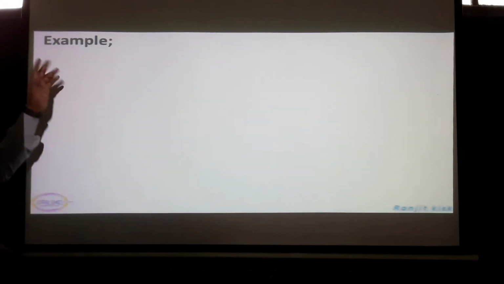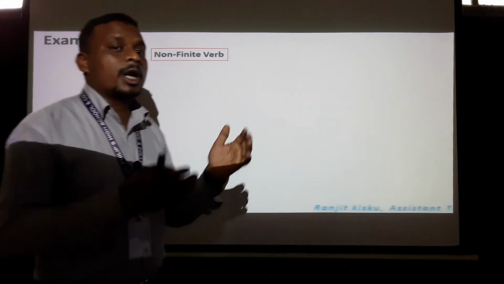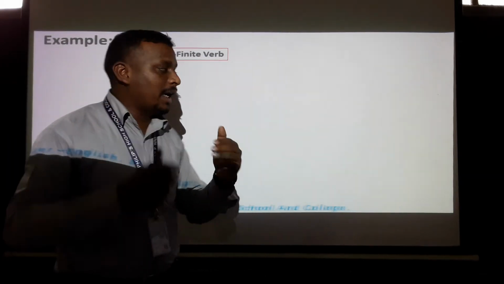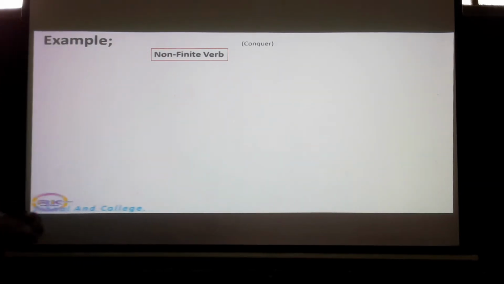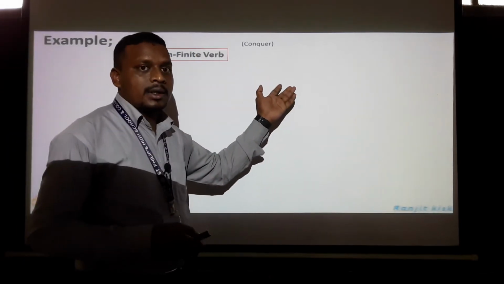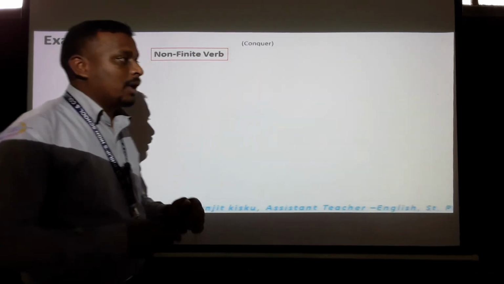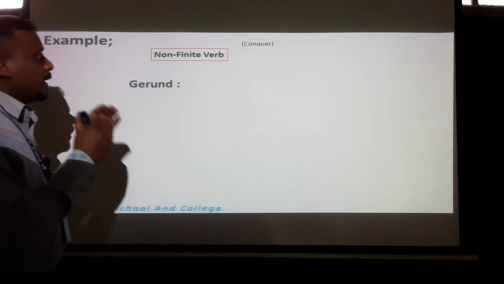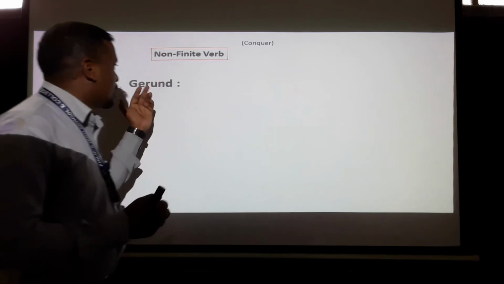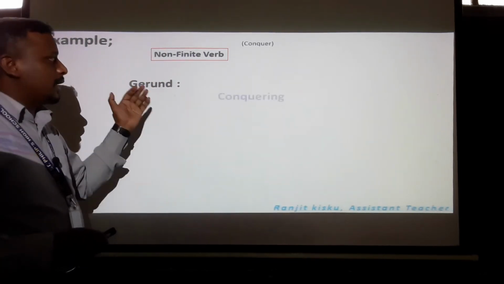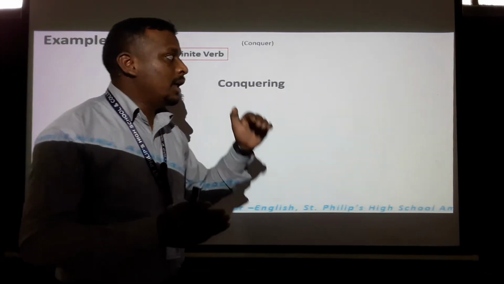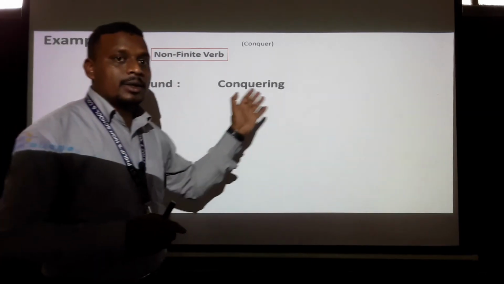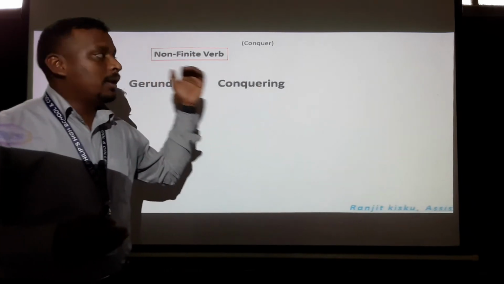So let's go ahead. Now see the non-finite verb. How many moods of a non-finite verb can we find in an English sentence? Dear learners, the same verb. Just we will make this verb non-finite. How to make it non-finite? In the non-finite mood, we get gerund. And how to make a gerund? Just add ing at the end of a finite verb. Then it will be converted into gerund.